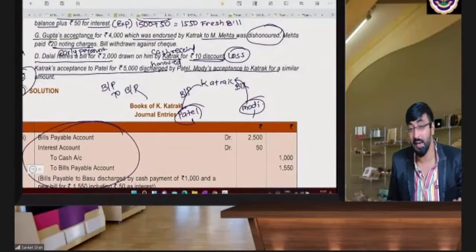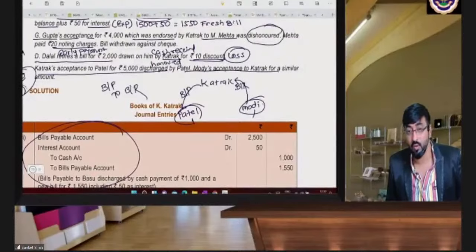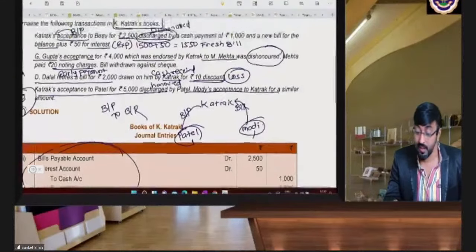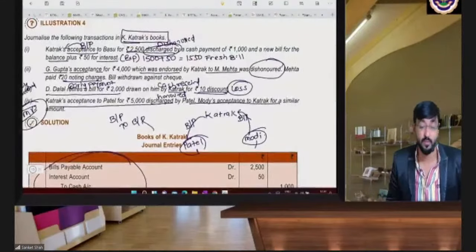Very simple entries. Students, see, these entries are not at all difficult, but you have to sit a minimum of 1 to 2 hours in one place. You have to recall my basics and understand this concept on your own.